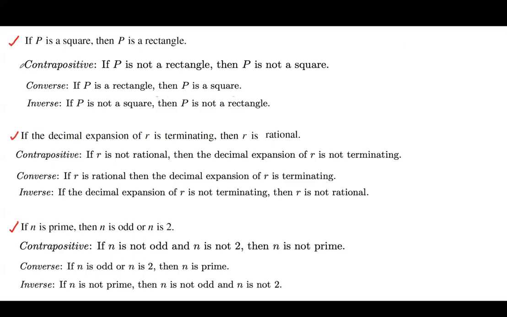And again, the contrapositive and the original statement are always equivalent to each other. That's the takeaway from writing the contrapositive of a statement. The statement and the contrapositive are always logically equivalent to each other.